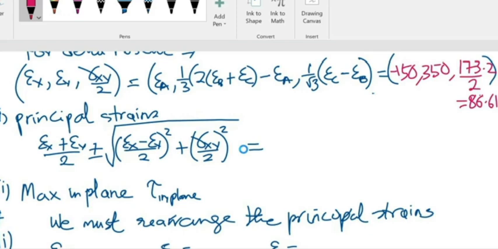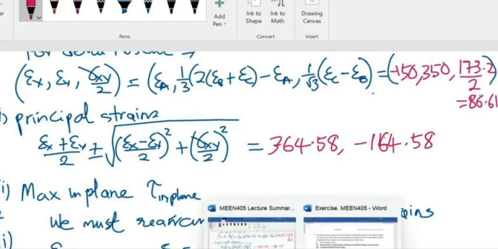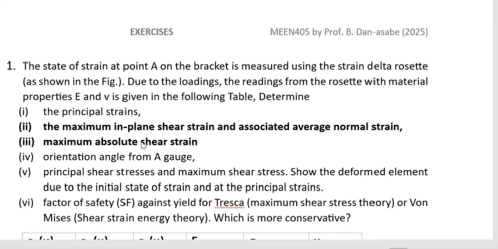Then you can input it directly and determine the principal strain, which is 364.58, and the other principal strain is going to be 164. At the principal strains, the shear stresses are 0.